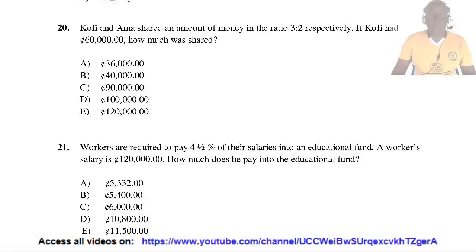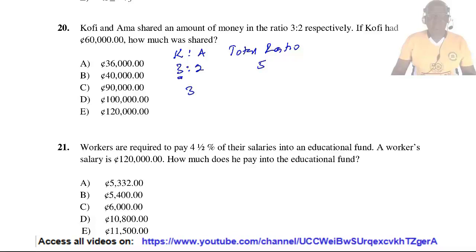Question 20. Kofi and Amma shared an amount of money in the ratio 3:2 respectively. If Kofi had 60,000 cedis, how much was shared? The total ratio is going to be 3 plus 2, that is 5. Kofi had 60,000 cedis and the ratio was 3.